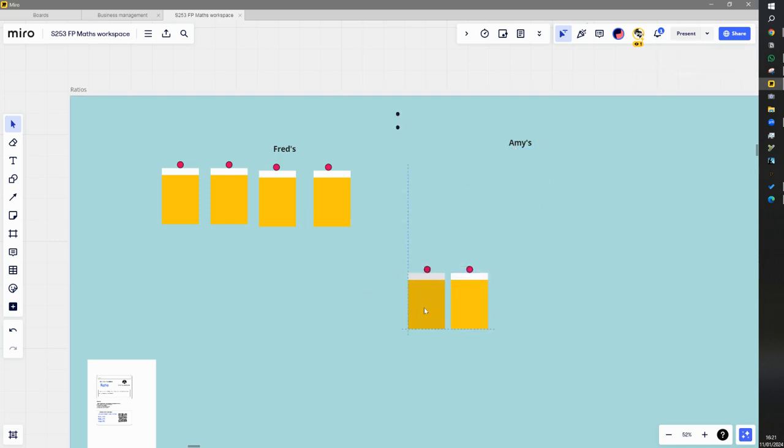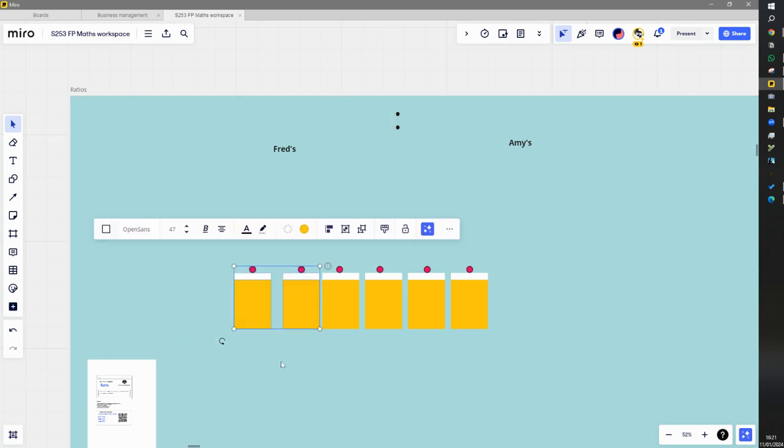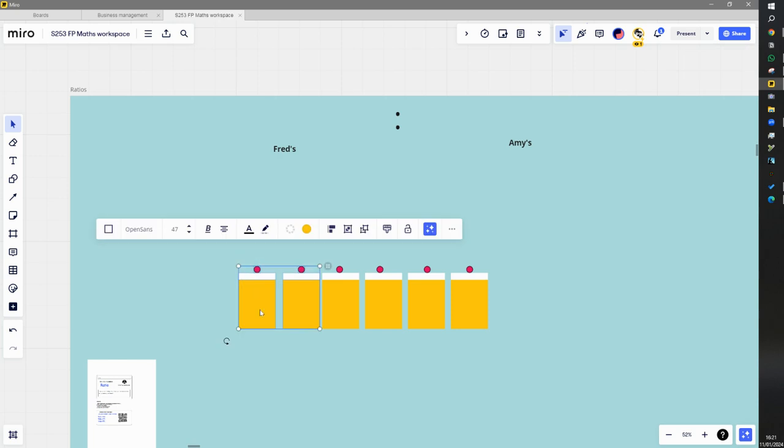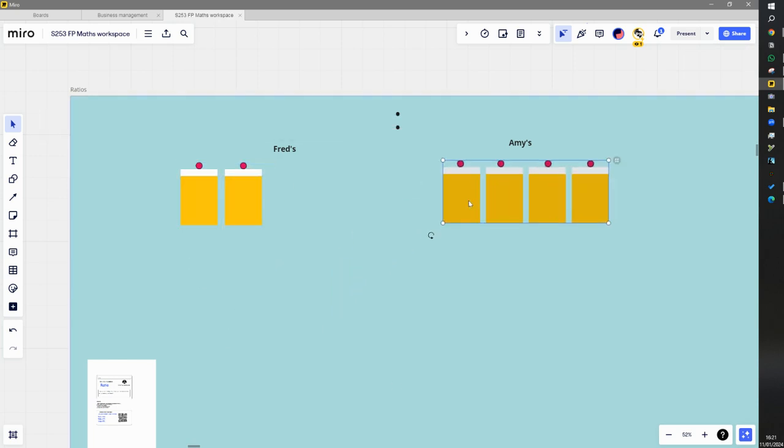So we'll not put them completely together, so we can clearly see that they are in these bits. And so the cake's been chopped into 6 pieces, and Fred can have 2, and Amy can have 4.